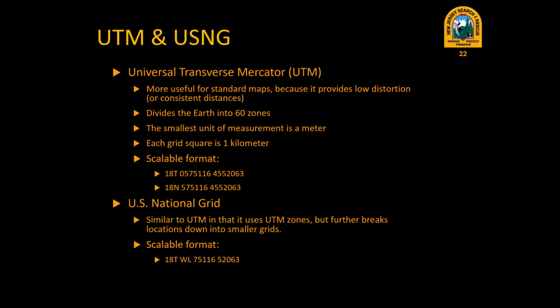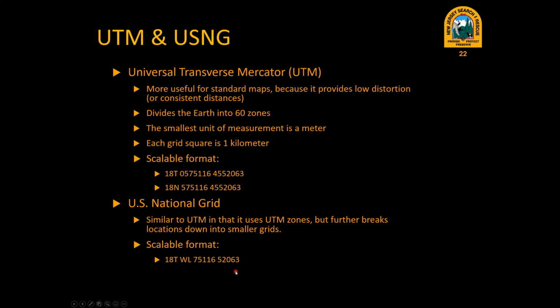US National Grid is closely related to this. It's very similar to UTM, and it's even kind of based on it, but it further breaks down locations into a smaller grid. For example, the same coordinate that we had above in UTM is visible here as 18T WL 75116 by 52063.